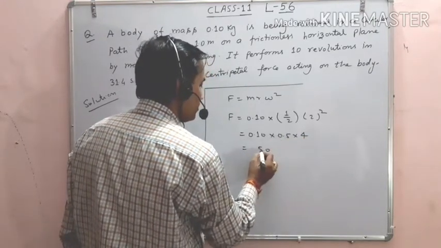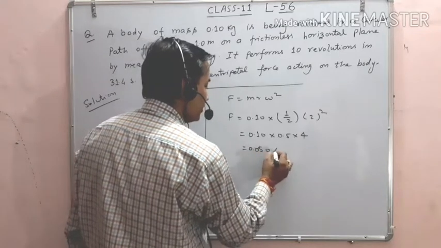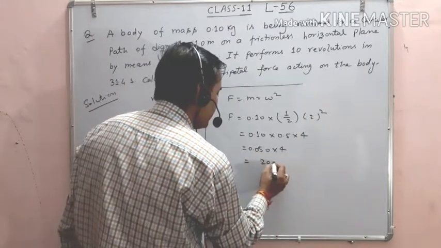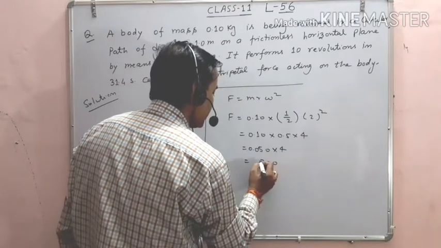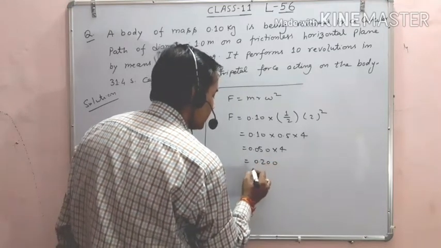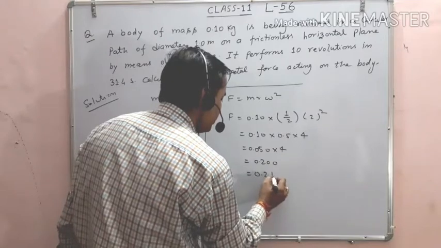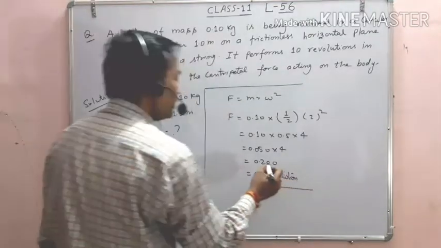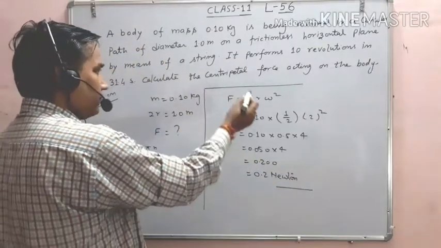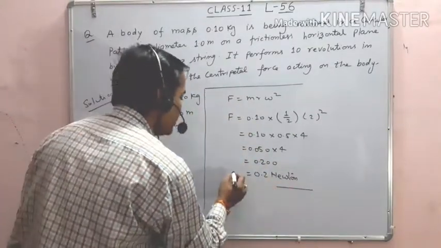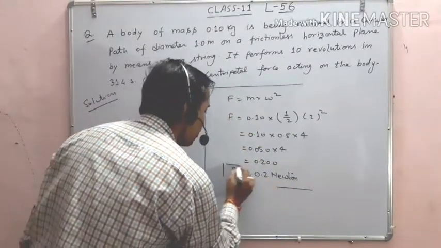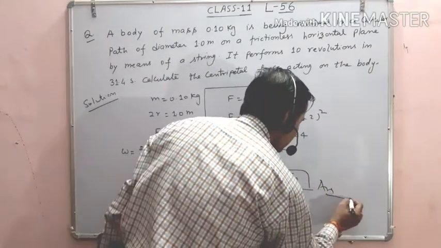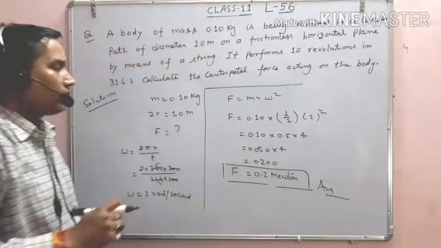Decimal 3 place: 1 2 3 into 4, that is 5 4 20. 3 place 1 2 3 means 0.2 Newton. So here the centripetal force acting on the body will be F is equal to 0.2 Newton. This is your result. I hope no problem, beta.